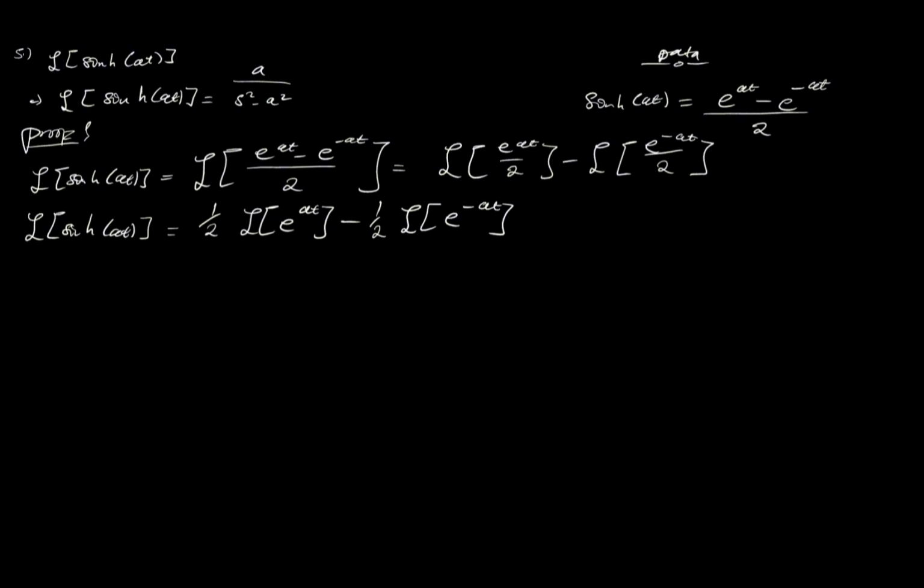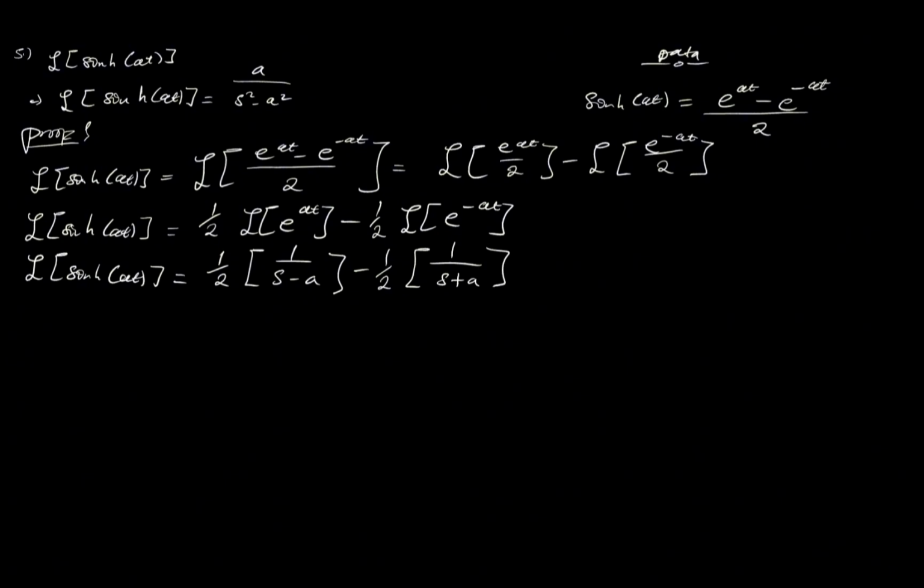By doing so, the Laplace of sinh at will be equal to 1 over 2. The Laplace of e to the at is 1 over s minus a, then minus 1 over 2 times the Laplace of e to the minus at, which is 1 over s plus a. If we factor out 1 over 2, we remain with 1 over s minus a minus 1 over s plus a.